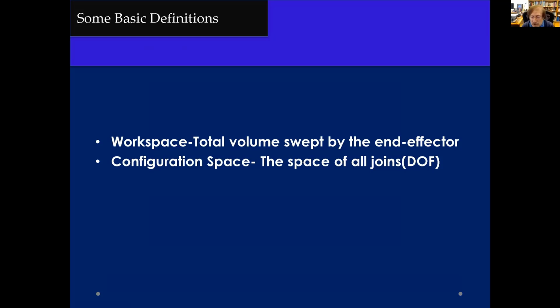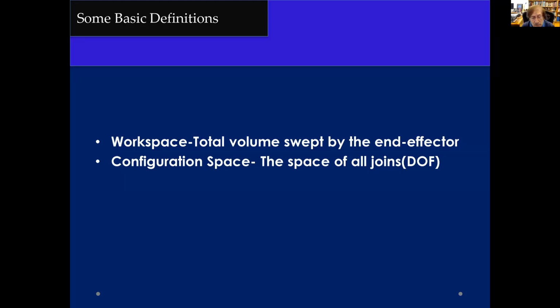We mentioned workspace already in the introduction lecture, and we also said that the workspaces determine the type of the robot, or rather the robot design is done in accordance with the workspace we would like to get.